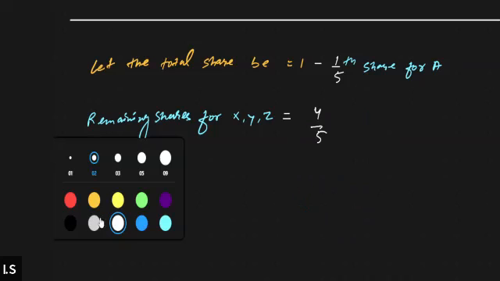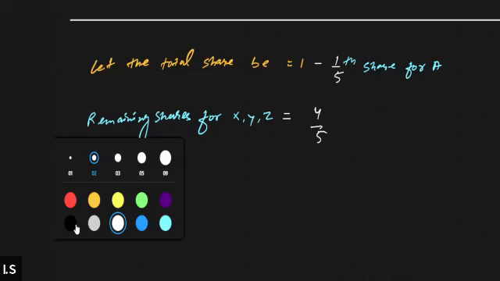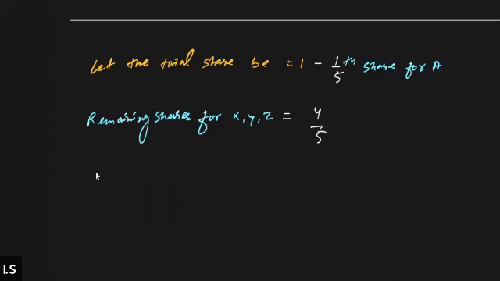And the question is, who is going to take the remaining share? This remaining share will be shared between X, Y, and Z, right? And the thing is, in what proportion will they be sharing? So let me write it this way: new profit sharing ratio.